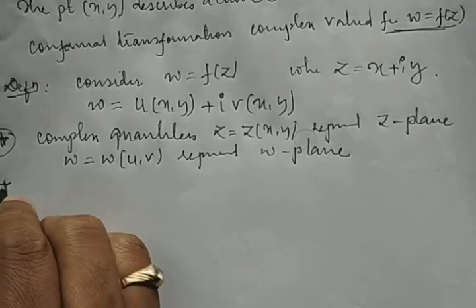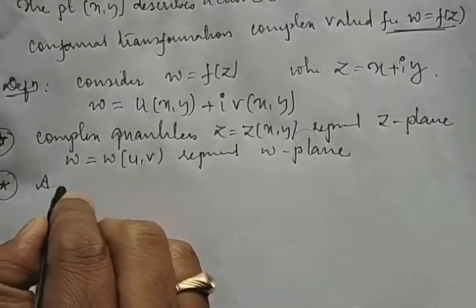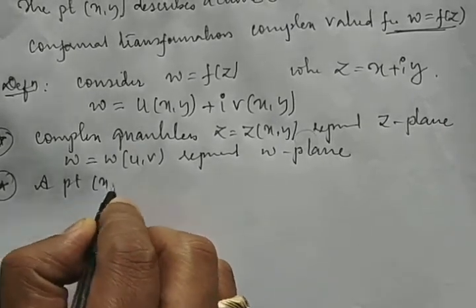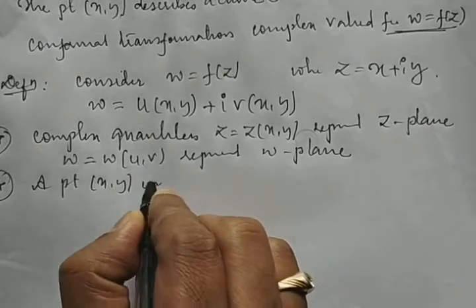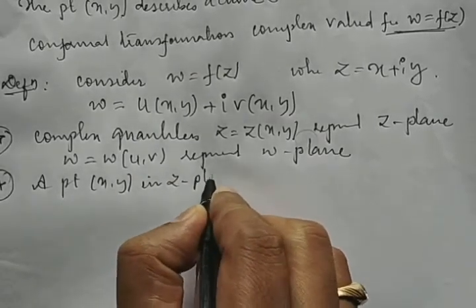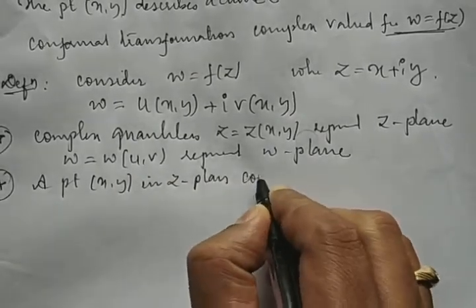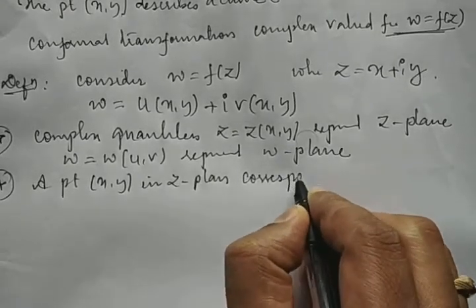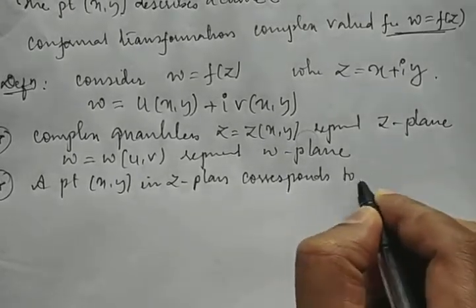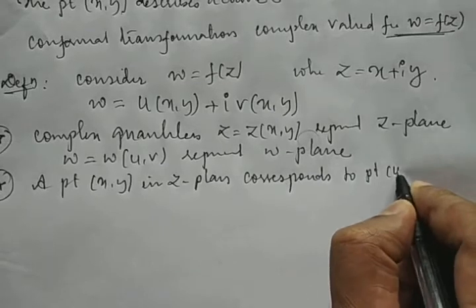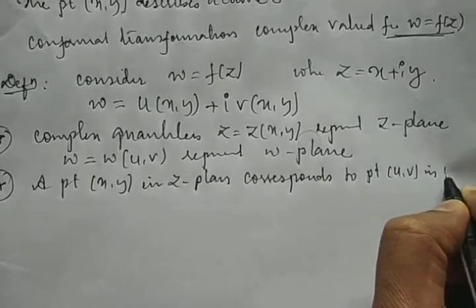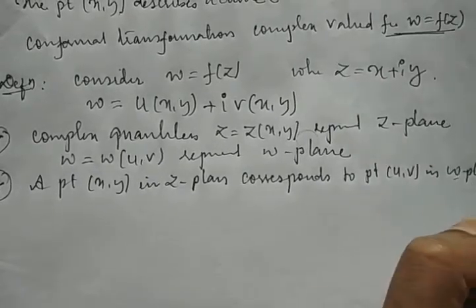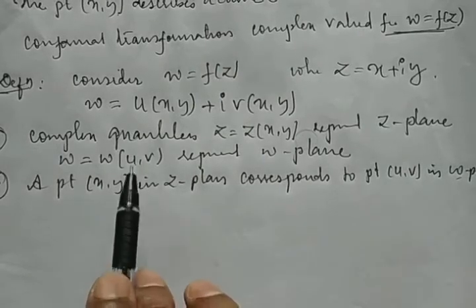So second point, a point xy in z plane corresponds to a point uv in w plane. This is quite a simple relation between these two.